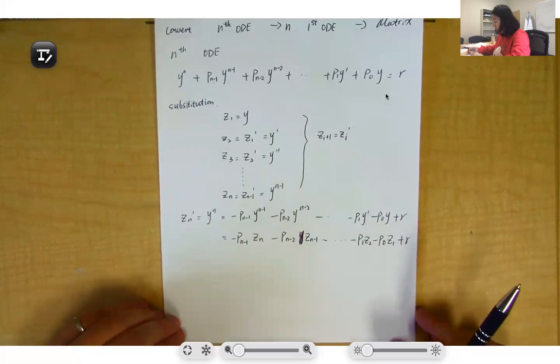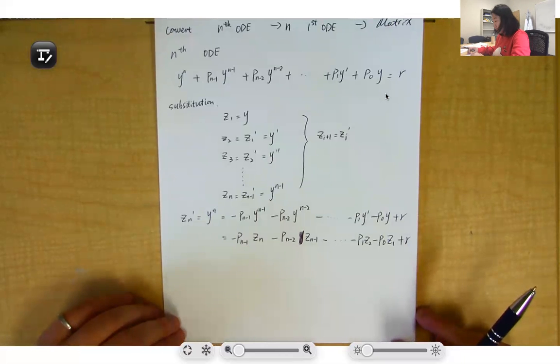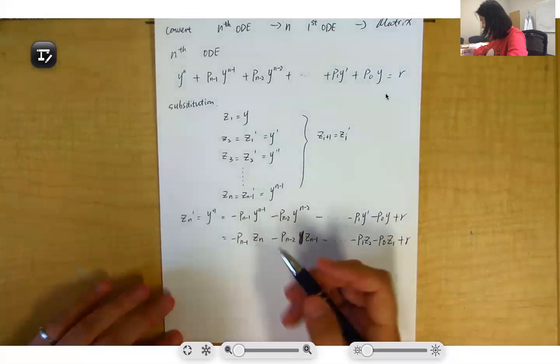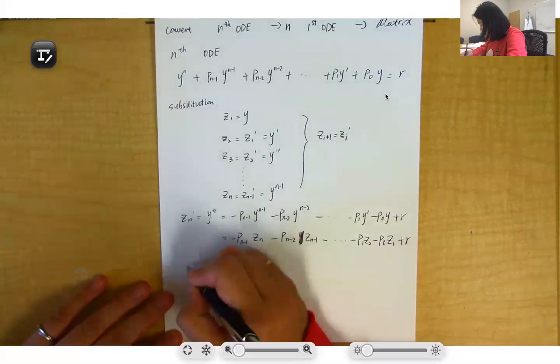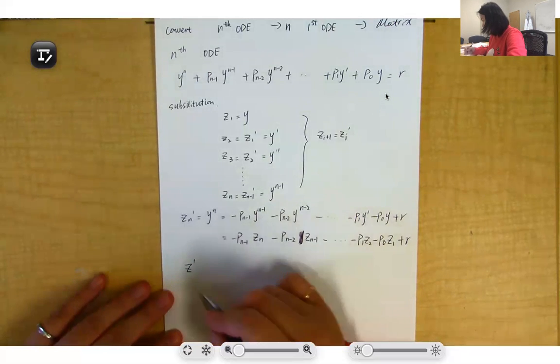Then how do we write this in matrix format? Our matrix equation will look like z prime equals something times z plus a coefficient times the forcing function.